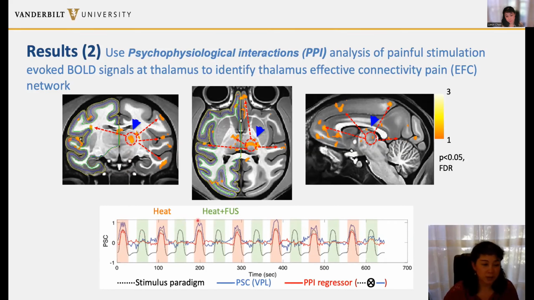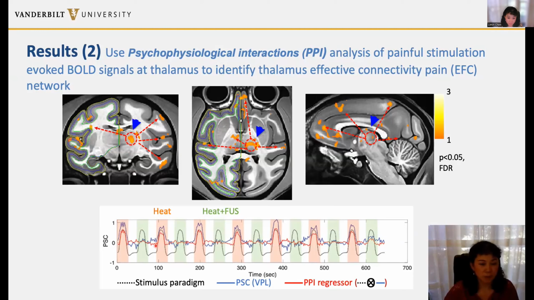Here is the response from this region, the blue time course. After we extract the time course, we then ask what other areas in the brain show a very similar response curve during the stimulation.